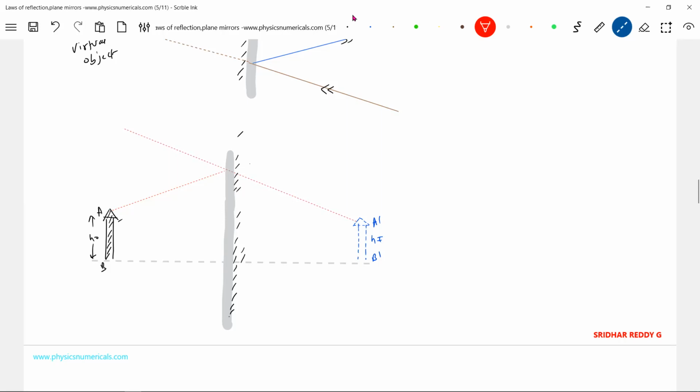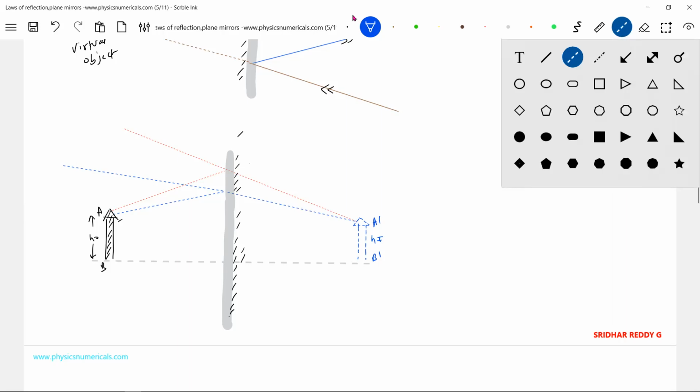So I need one more ray. Angle of incidence, I'm finding it very difficult to get the geometry part clearly. This is corresponding to the point A. So if I extend back, I'll get it here.